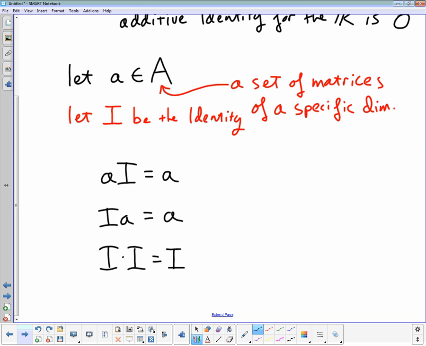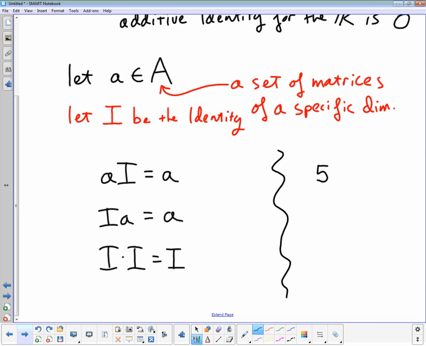And just like with multiplication, let's hop out of matrix land and go into real number land for a moment. If I have 5, and I wanted to multiply something against 5 and get 1, what would I do?